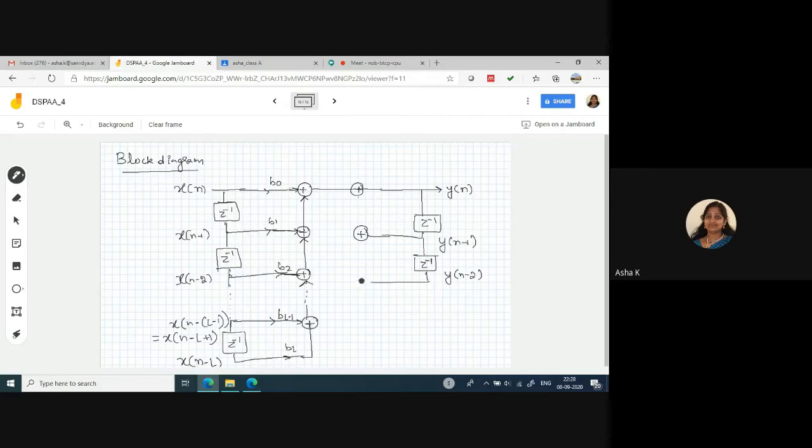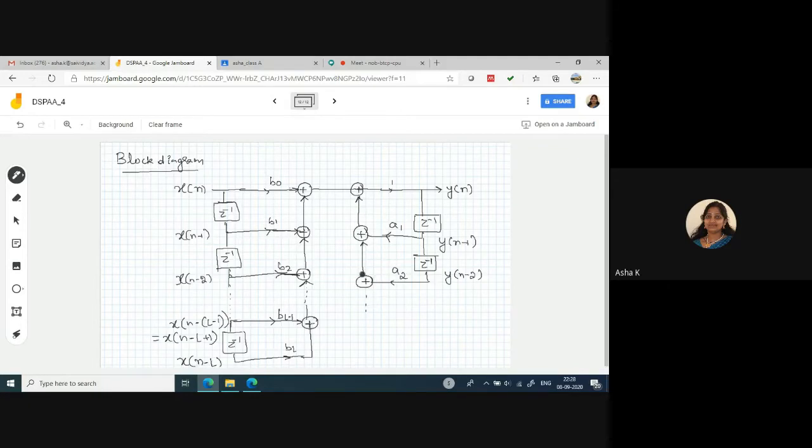Again, put here one more adder and all those things will be added. So always the first one will be here 1. Next, when it comes to this side, here we'll be having the factor a1. Next we'll be having here a2.